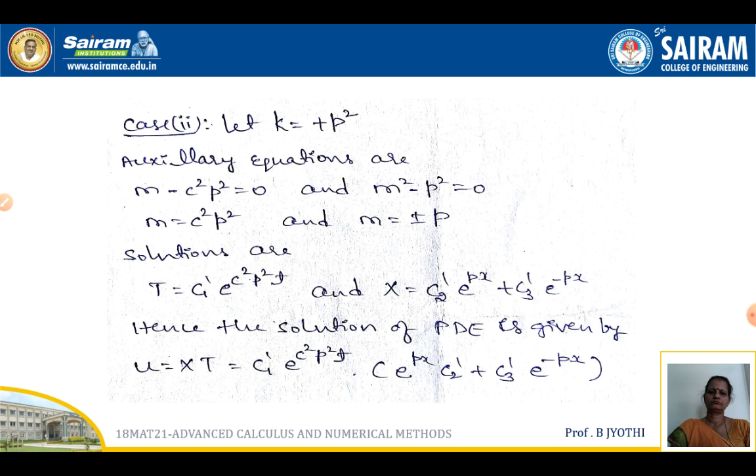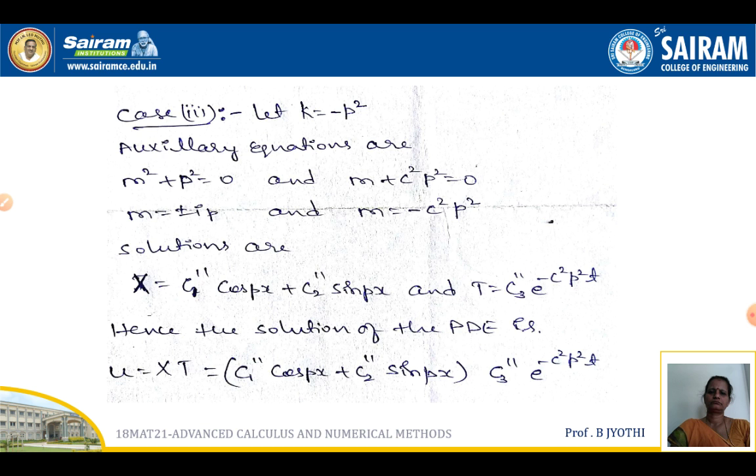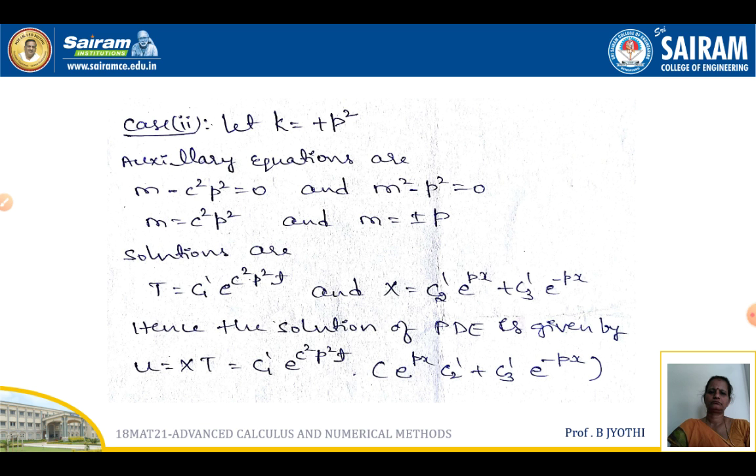Again, the auxiliary equations are given by m minus c square p square equals 0, and m square minus p square equals 0. So m equals c square p square, and m equals plus or minus p. So the solution is T equals c1 dash e power c square p square t, and X is given by c2 dash e power px plus c3 dash e power minus px.